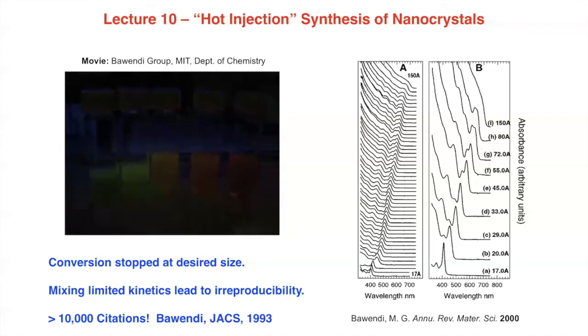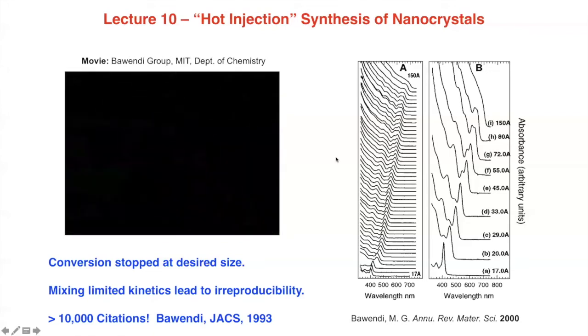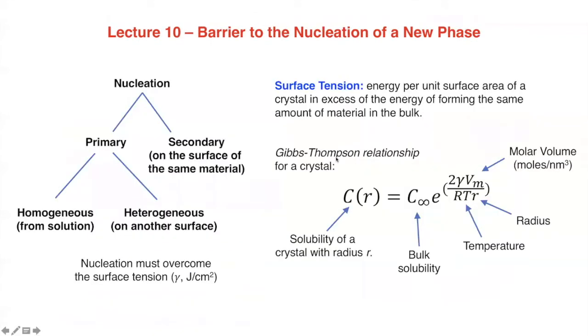Okay, so let's talk about how that arises here. And we're gonna have to sort of step back and talk about crystal growth thermodynamics first. So an important thing to know is that there is a barrier to nucleation of a new phase.